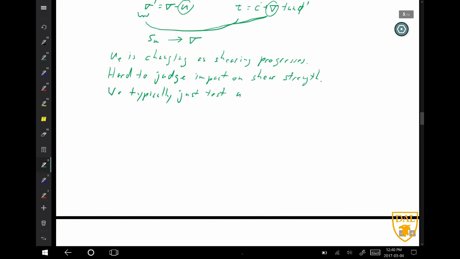So we test in an undrained configuration in the lab. Where no water is allowed to drain out of the triaxial cell, for example. And we use the undrained shear strengths in our designs and analysis.